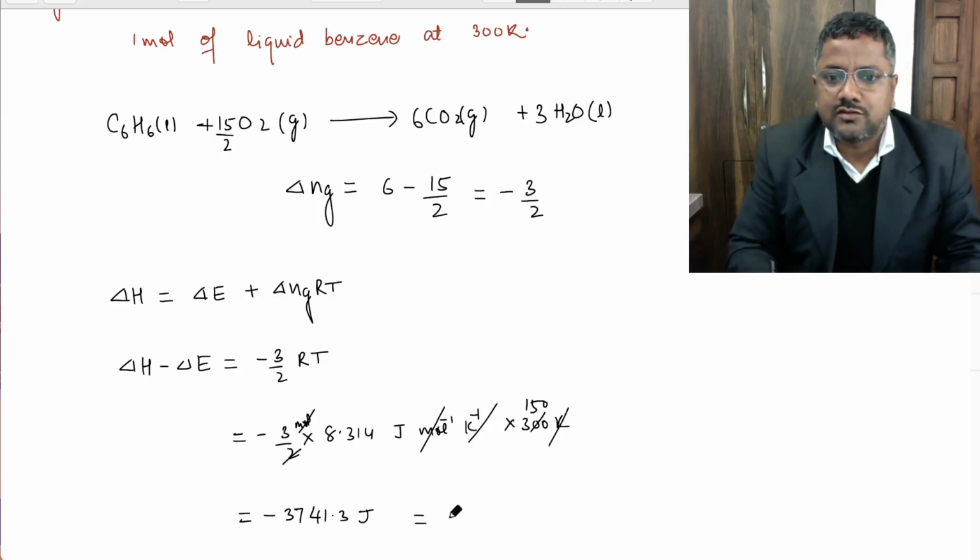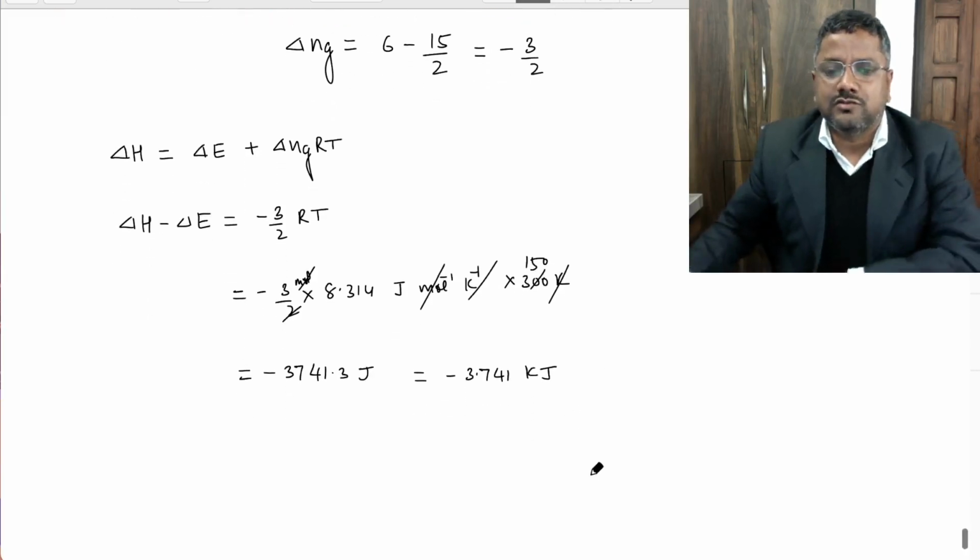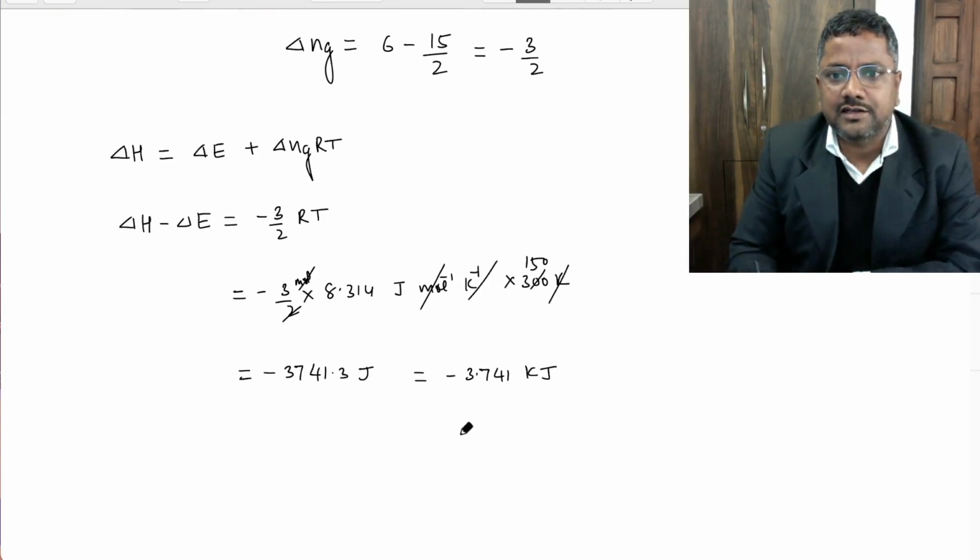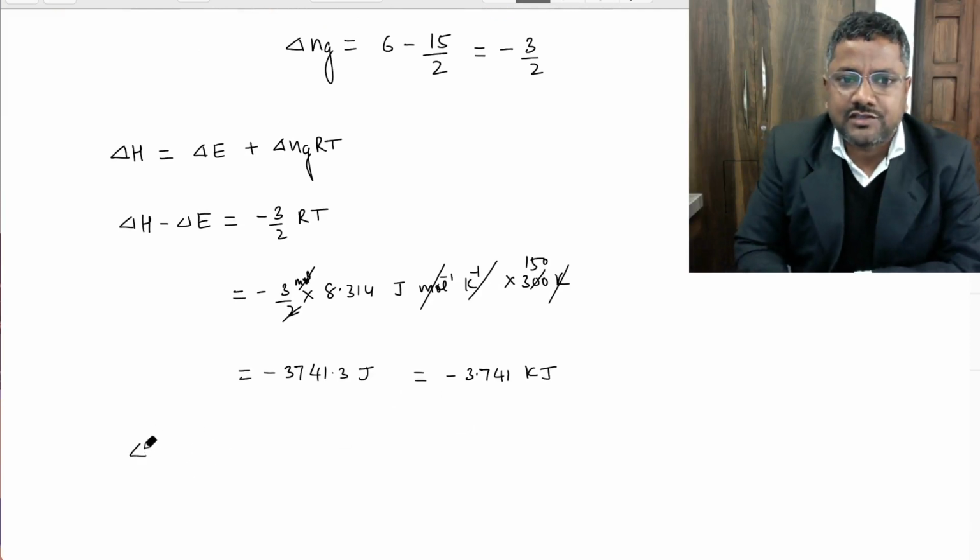So this is equal to minus 3.741 kilojoule, right? So you can write here that delta H is less than delta E.